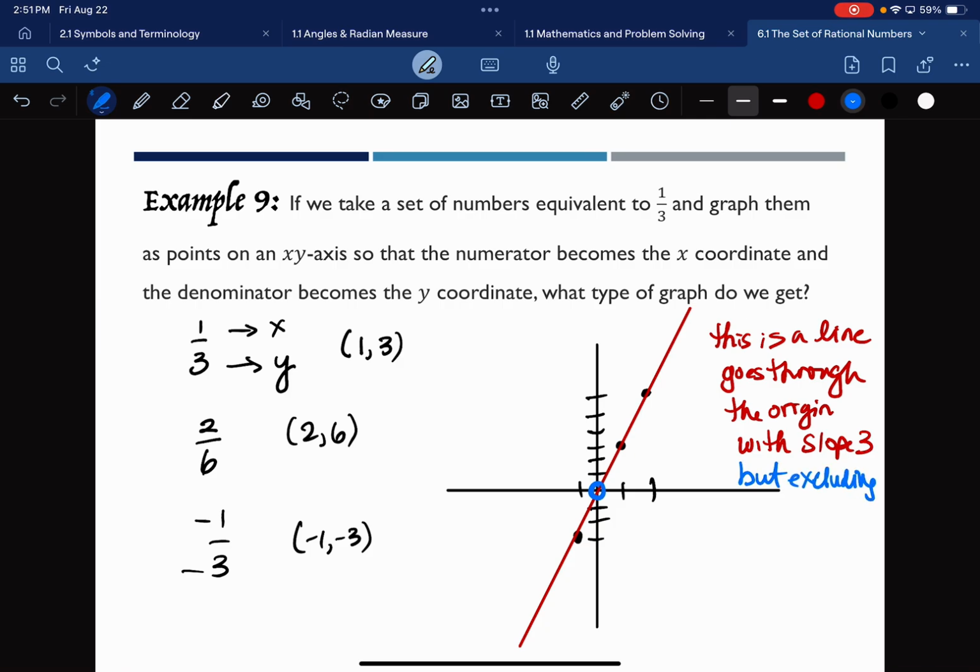You got it. Excluding (0, 0). What happens if I put 0 over 0? You do not get 1/3. That's the best we can say about that, right? We don't get 1/3. Every other point on that line, though, we would get that ratio. So we get a line, but we just get a line that excludes the origin.